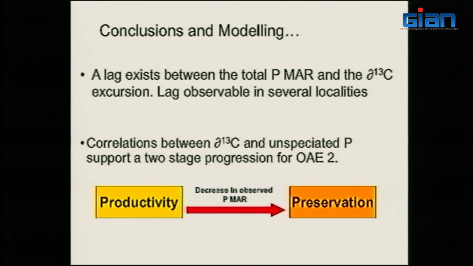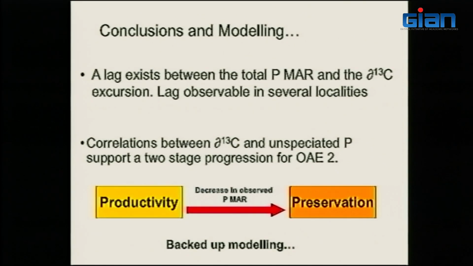But here what we try now is to model and to see if, especially at the end of this episode, you don't increase the preservation a lot more than the productivity. Because clearly when you have anoxic condition, preservation may play a role.